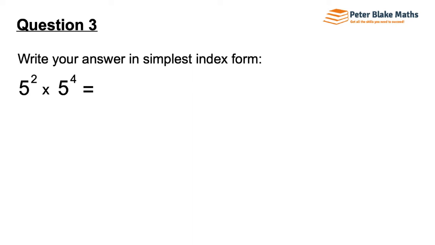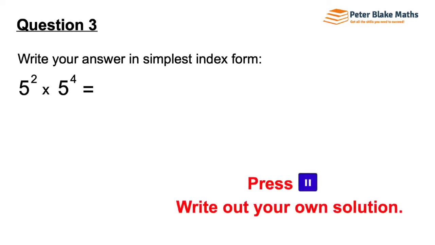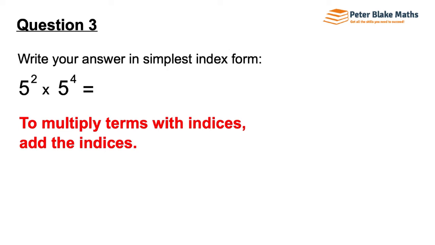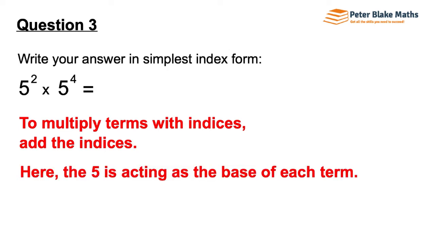Question 3. Write your answer in simplest index form, 5 squared times 5 to the power of 4. Now to multiply terms with indices, we add the indices. We've got to be a little bit careful here though. The 5 is actually acting as the base of each term.